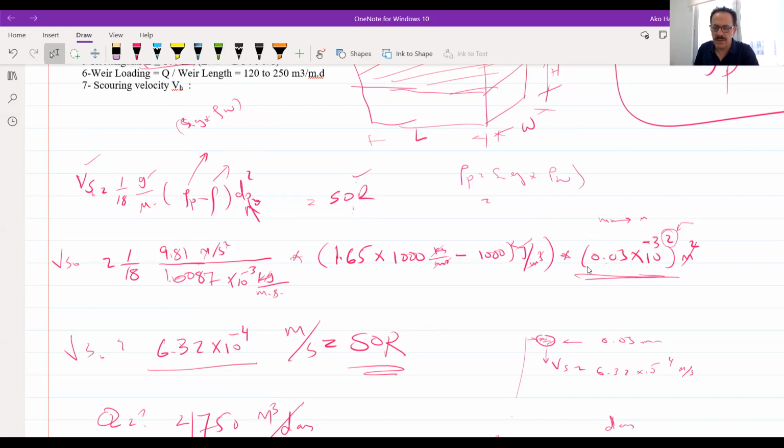I think we have 0.31. I get 0.316 times 10 to the power minus 3 meter per second.